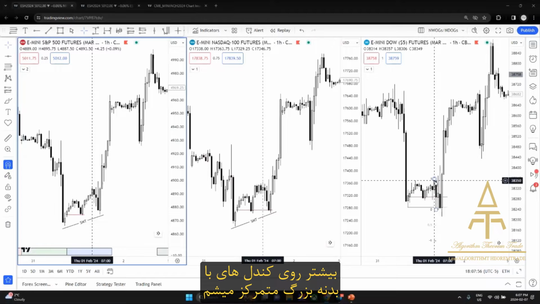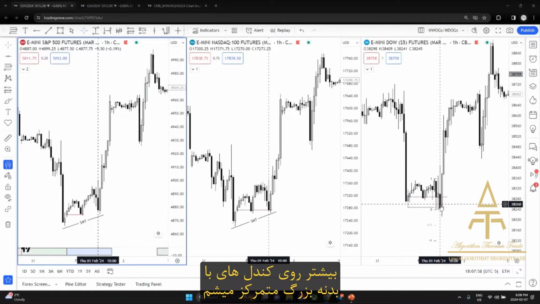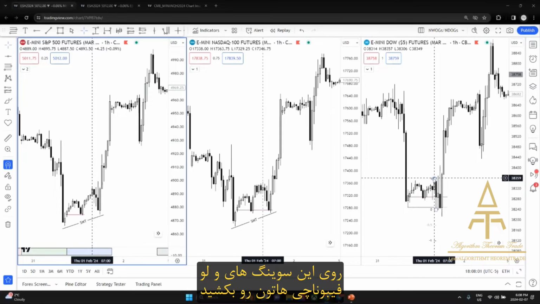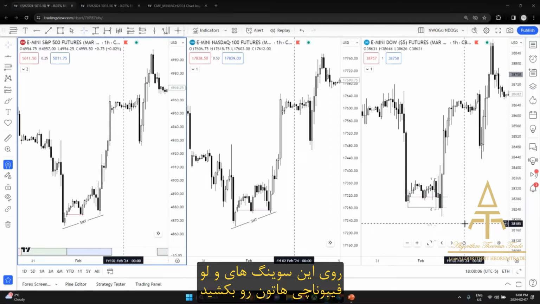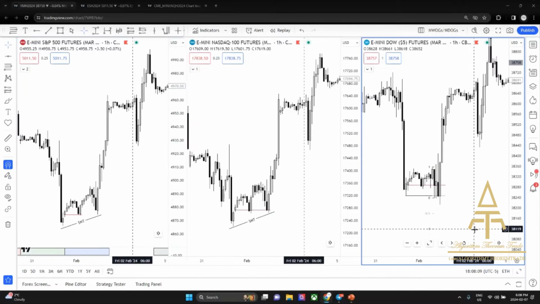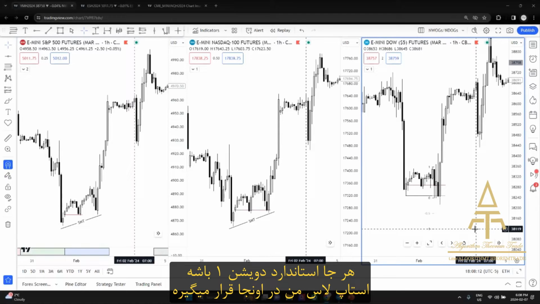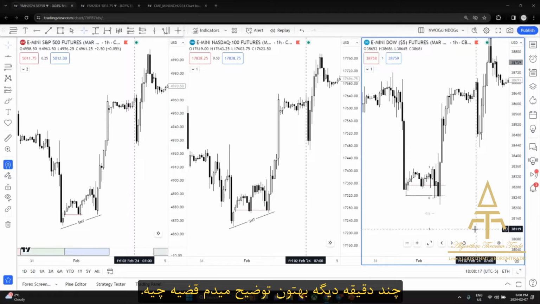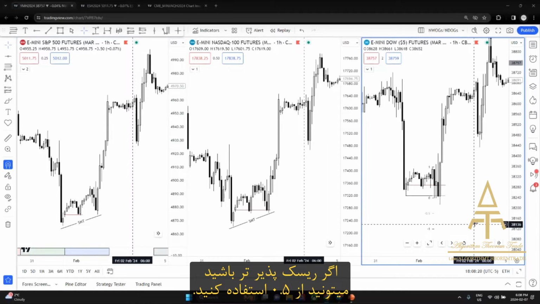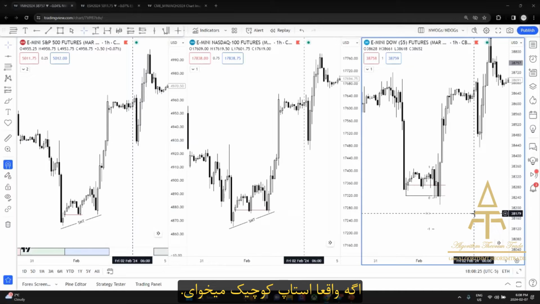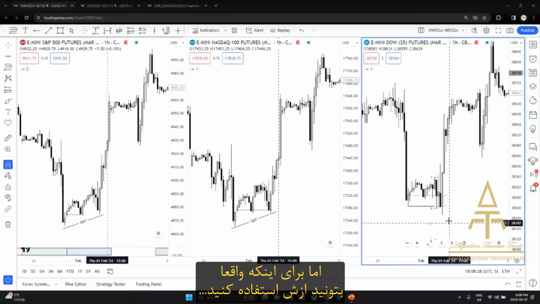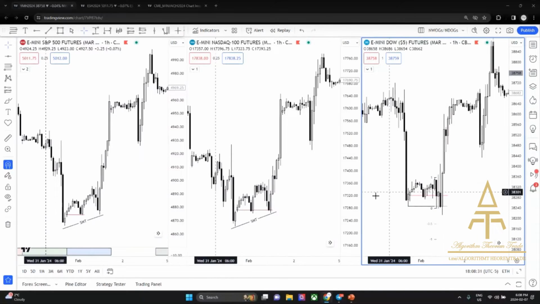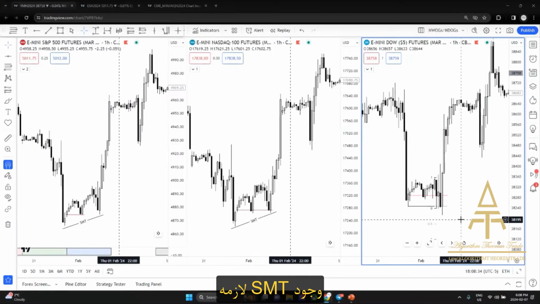I'm more focused on the beefy candles. So this swing high and this swing low, you draw your fibs, and where you get one standard deviation is where I place my stop loss, as I'll explain to you guys in a few minutes. If you're cheeky enough, you can use 0.5, if you really want a tight stop loss. But for you to be able to use this, there must be SMT, right?